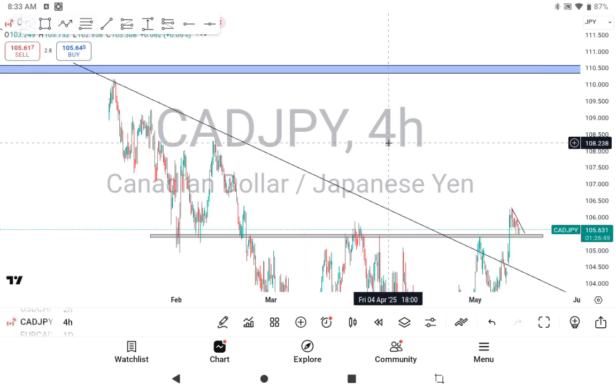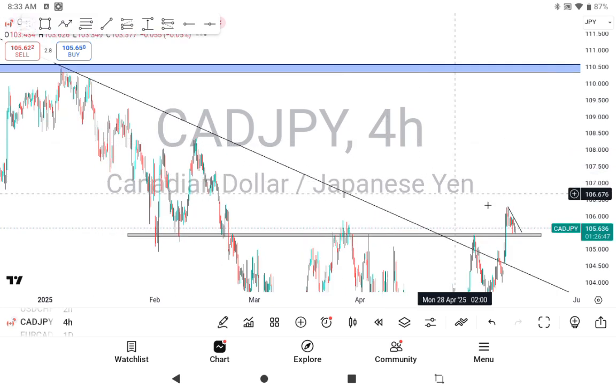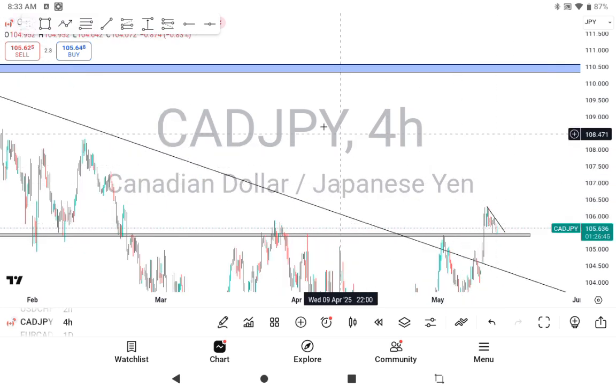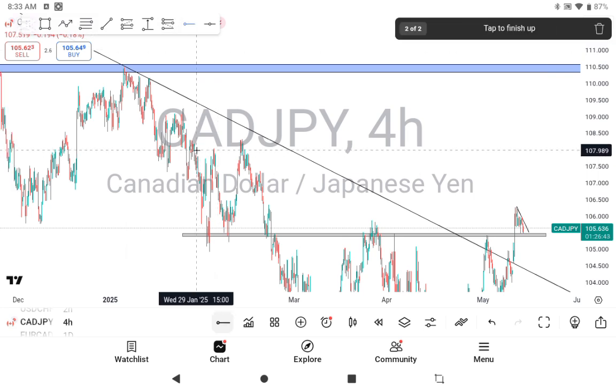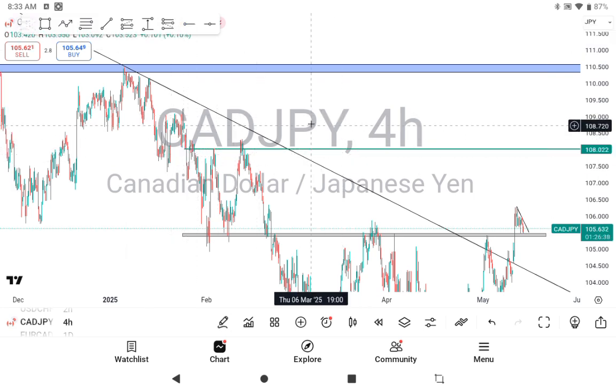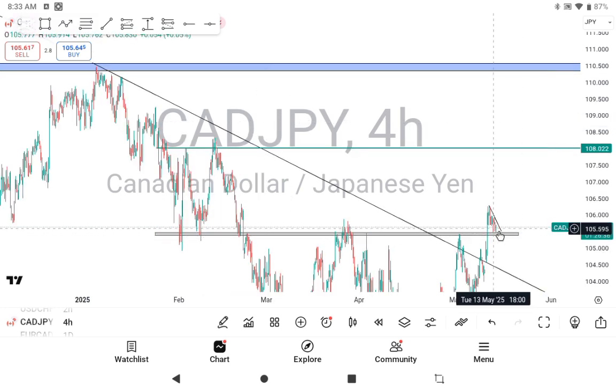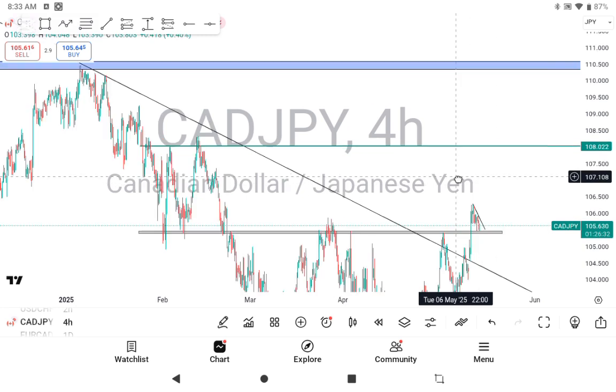If you look at the left hand side, when this price starts pushing up, where is the next level target that CADJPY price might likely head to? We have this level right here. When price starts pushing up right here, it is coming to this green bar. And if this green bar is cleared, CADJPY price will move right here.